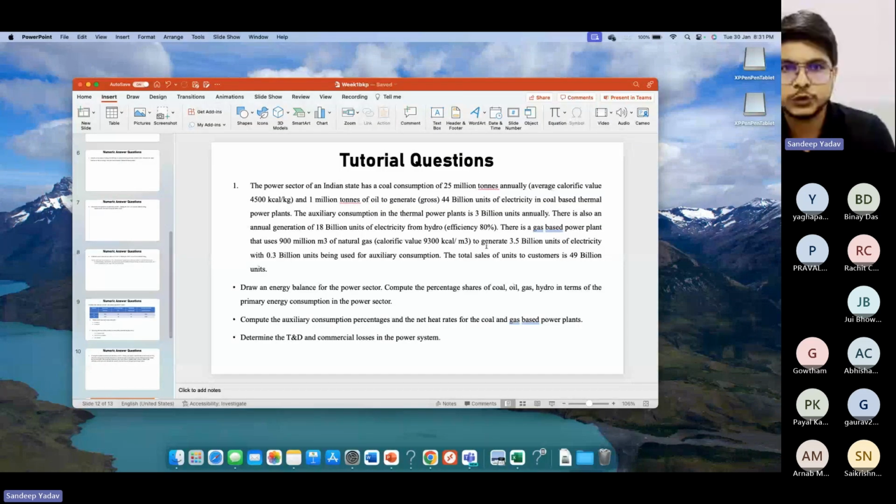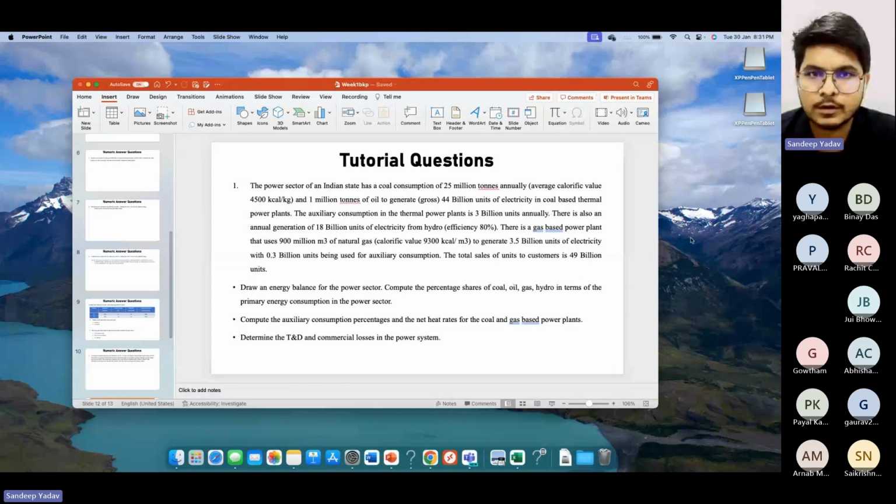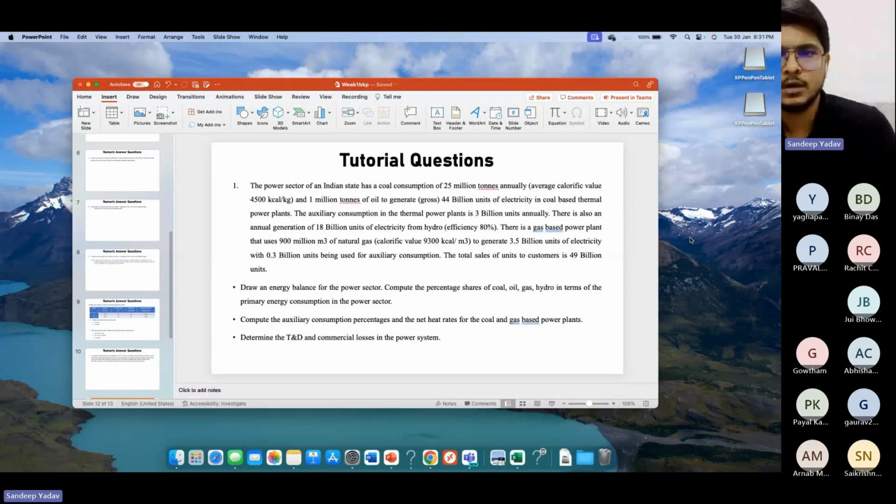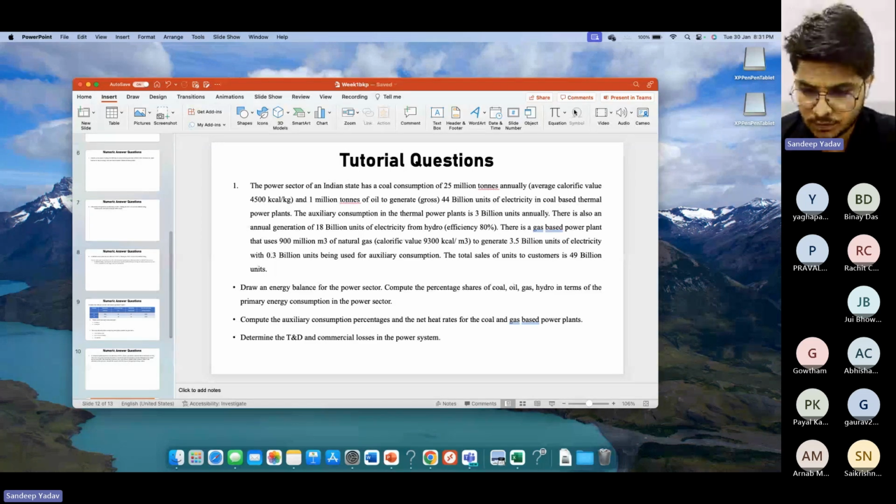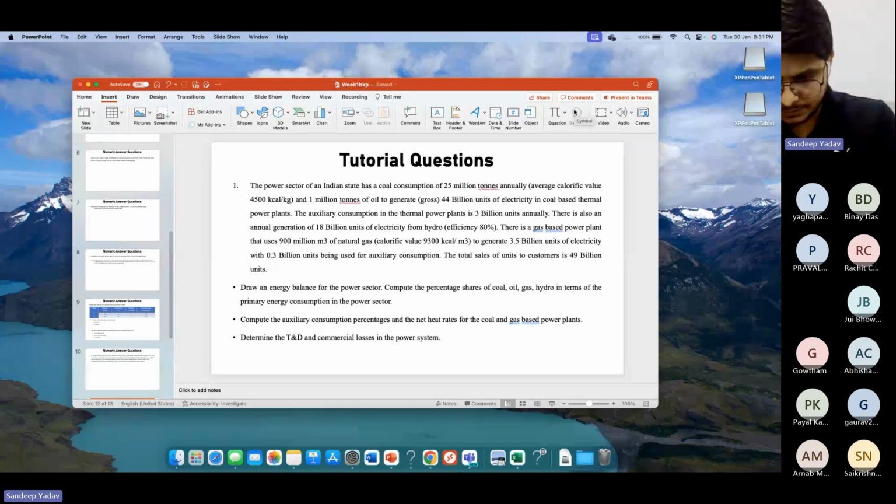I have to just show you the solution for this question because we don't have much time to solve it. And there is also some glitch that we are facing right now.